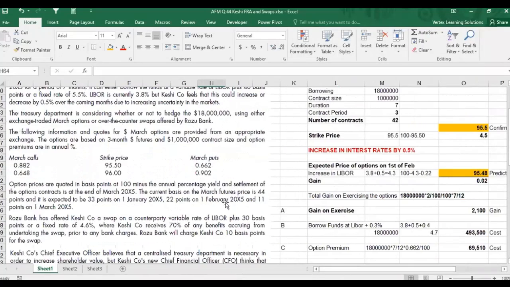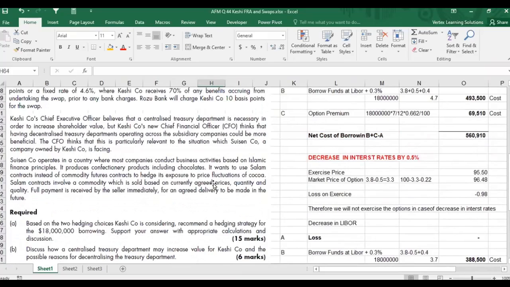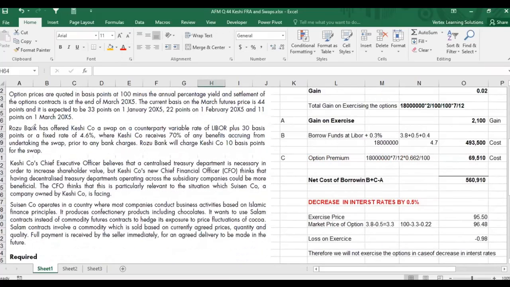Let me read the question here. Wait a minute. Rozu Bank has offered Keshi company a swap on a counterparty variable rate of LIBOR plus 30 basis points or a fixed 4.6, where Keshi company receives any benefit from entering the swap prior to any bank. Rozu Bank will charge Keshi company 10 basis points for the swap.